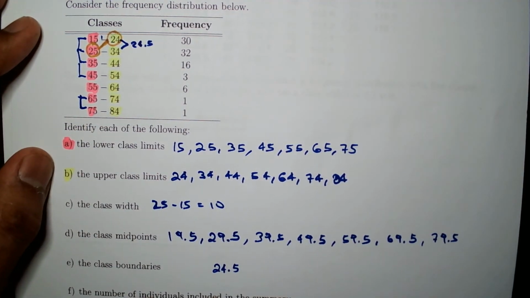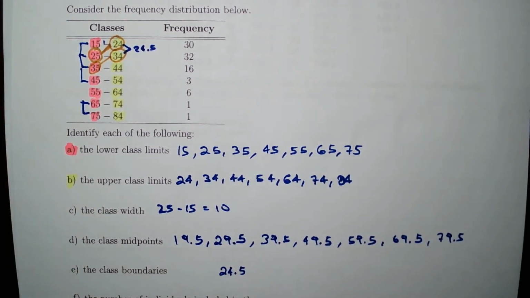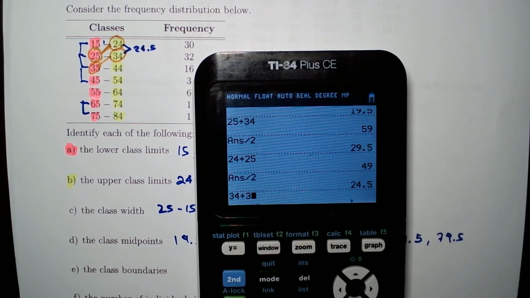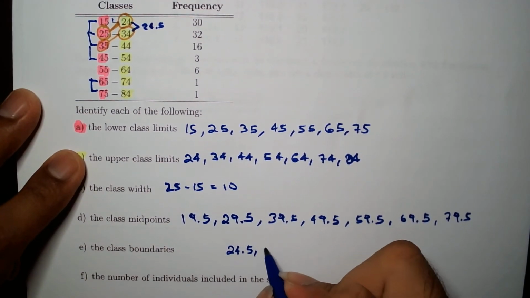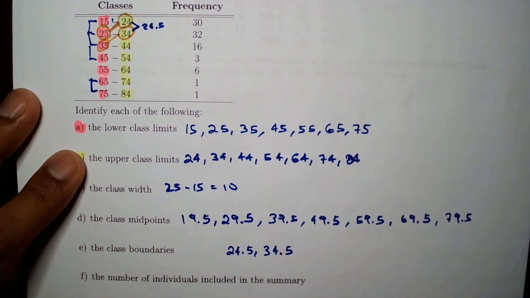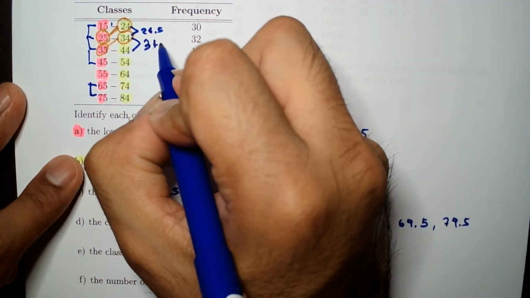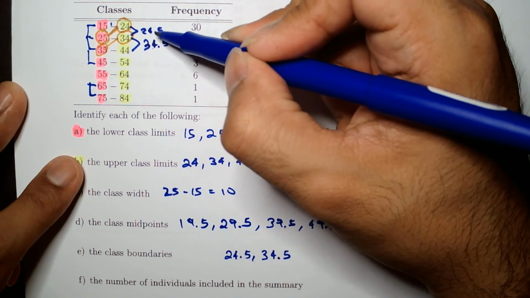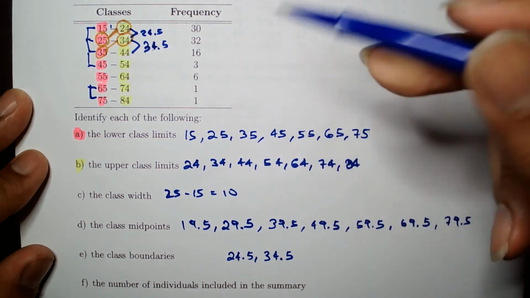Do you want to do the next one? Okay, let's do 34 plus 35 and divide by 2. We get 34.5. But again, you don't want to do all these calculations all the time. Do you see that the difference between each class boundary is the same as the class width, that is 10 units?